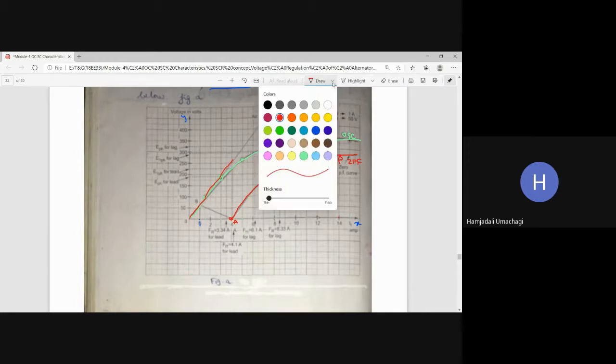Yes, sir. And now, all of you take the scale. Keep the scale like a tangent, placing it on the origin, so that the line becomes tangent to the OCC. Draw such a line using the scale.